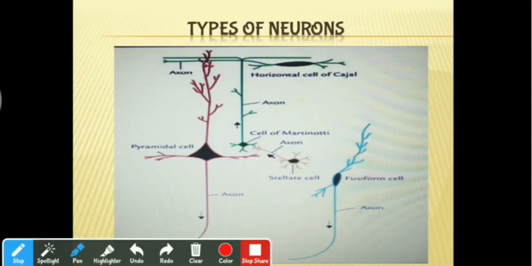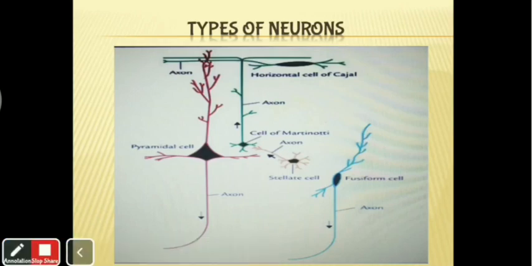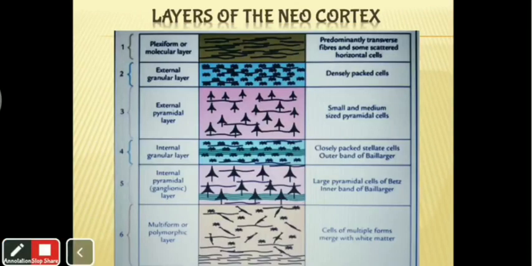And about the neocortex, the neocortex constitutes 90 percent of the cerebral cortex, the others being the archicortex and the paleocortex. And the neocortex consists of six layers.